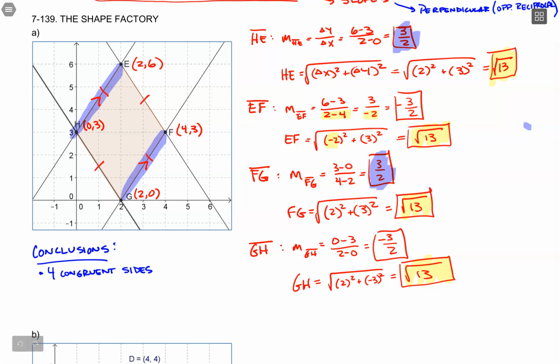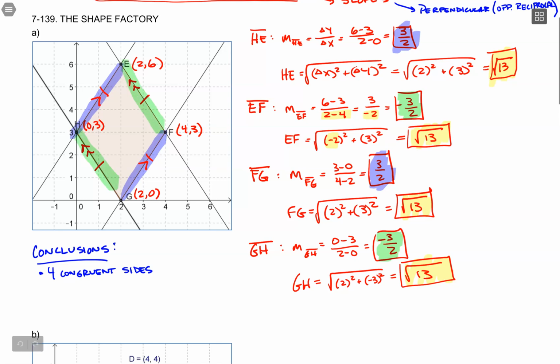Let's take a look at one other pair of slopes here. I got EF and GH with a slope of negative 3/2 for both of those. So that means those sides are parallel as well. I have to put a different mark on those sides to indicate that it's a different parallel relationship than the other set of sides.